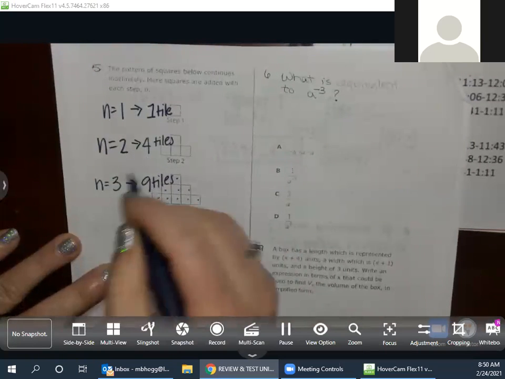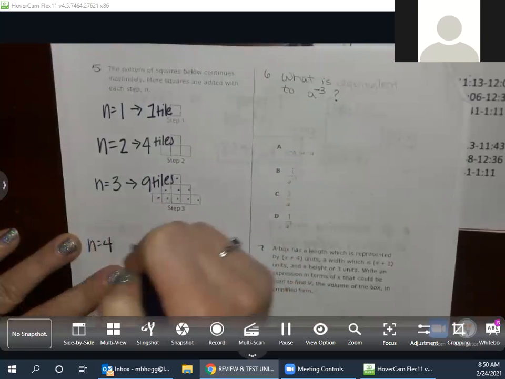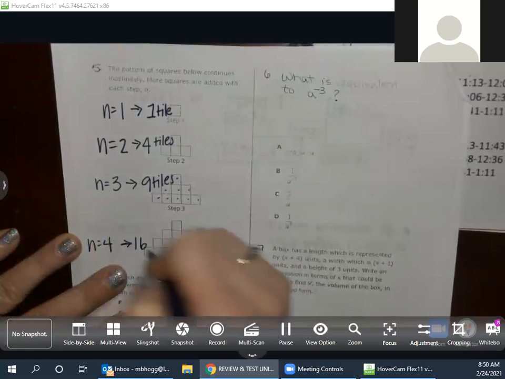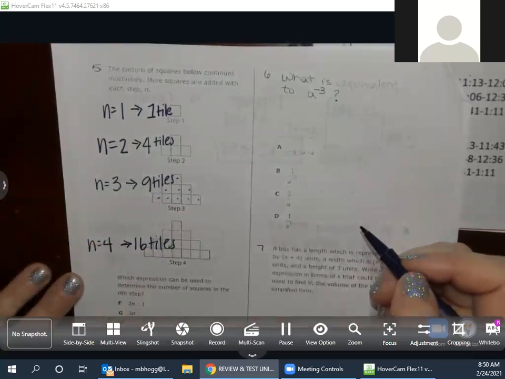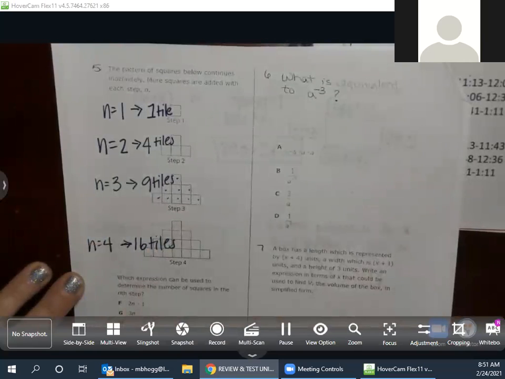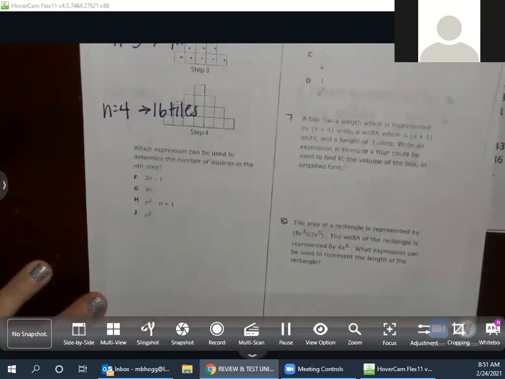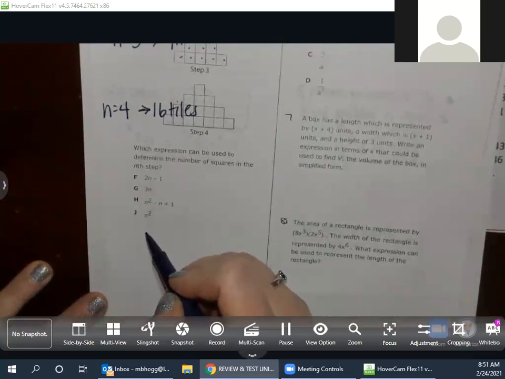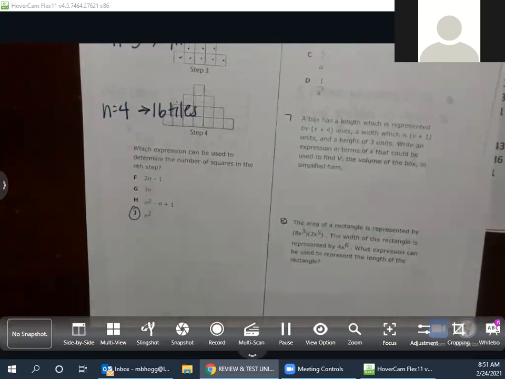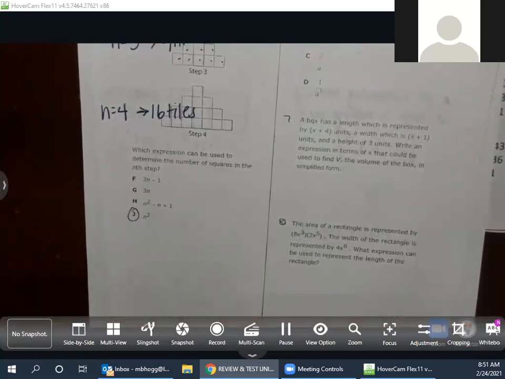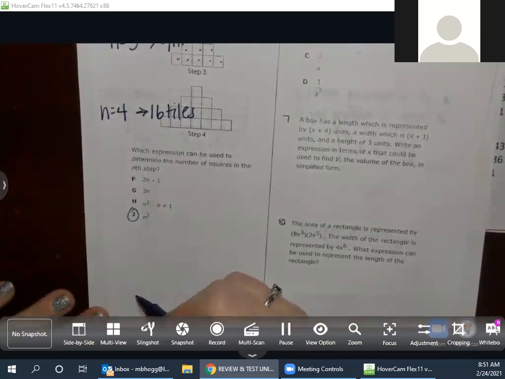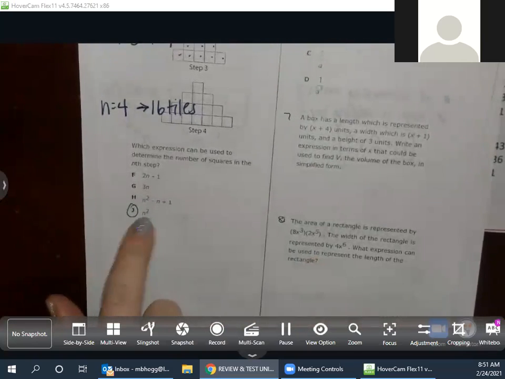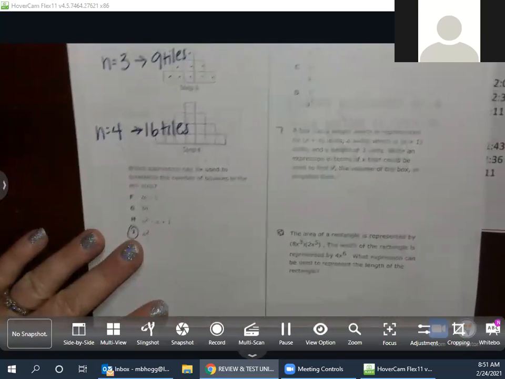How many tiles are there going to be? 16 tiles. So what's the expression that's happening? J, good. n squared. That's the pattern. So how many tiles are there going to be on step 10? You would say 10 squared, 100. There's going to be 100 tiles. It would always be that rule.